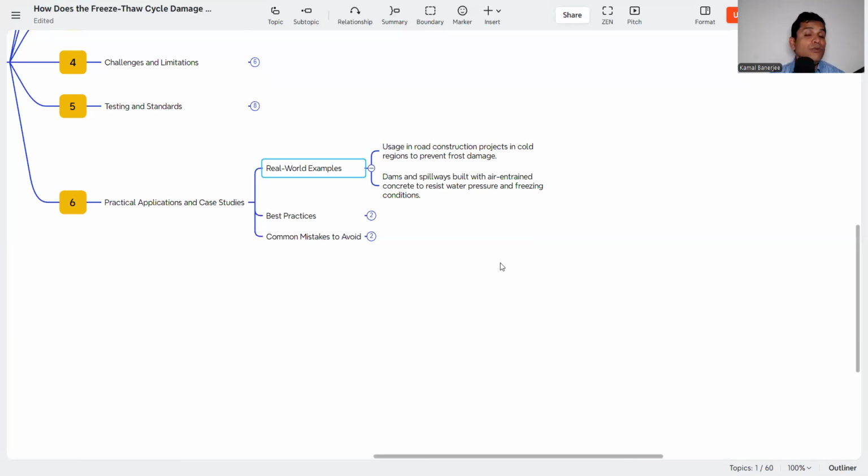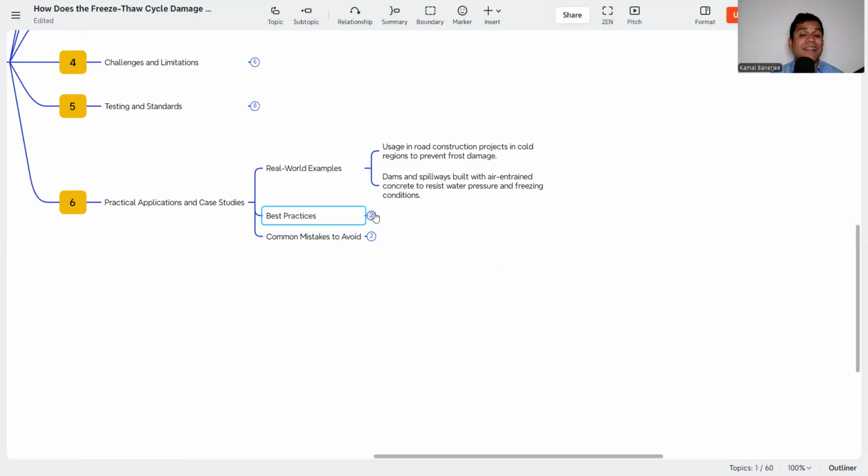Then dams and spillways are built with air entrained concrete to resist water pressure and freezing conditions. In dams and spillways also, where temperatures are below freezing, repeated Freeze-Thaw cycles happen and can damage the concrete. So in those areas also we use air entraining concrete.